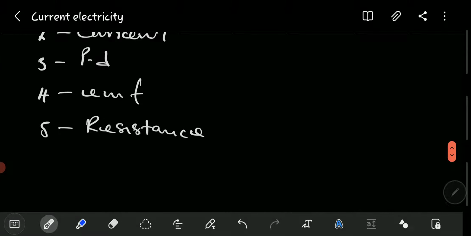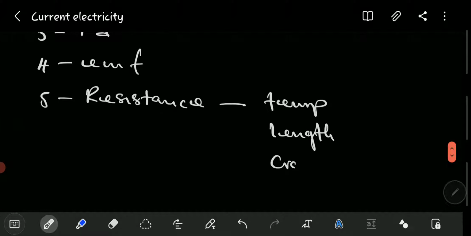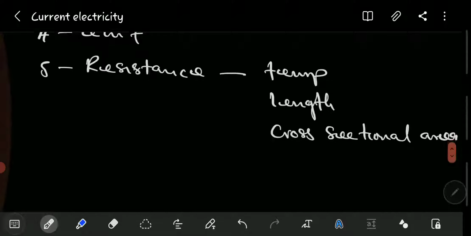Under electrical resistance, we further went on to look at the factors that affect electrical resistance, and the factors were: 1, temperature, 2, length of the conductor, and third, cross-sectional area. So we ended on these.